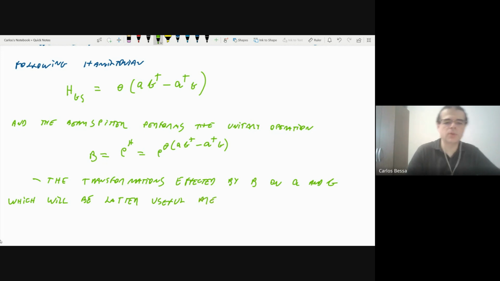So we see some relations here that will be useful when we apply them in the dual rail representation. Okay.